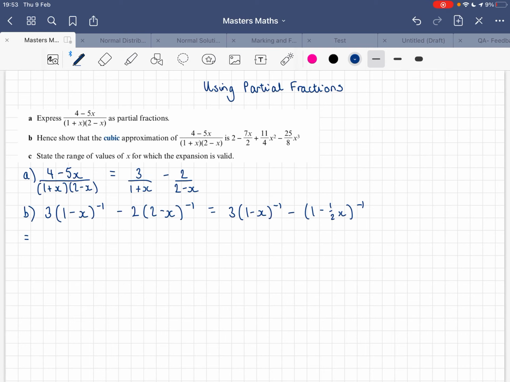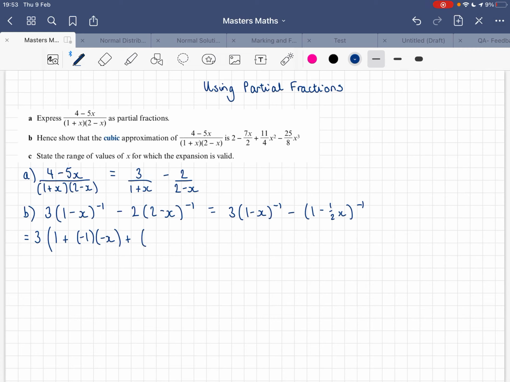So expanding 1 plus x to the power of minus 1 up to the x cubed term, we have 3 lots of 1 plus the minus 1 from the choose expression multiplied by x.